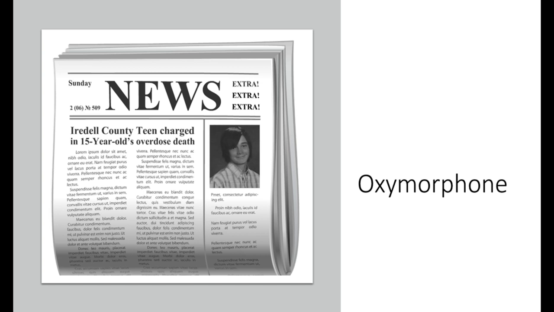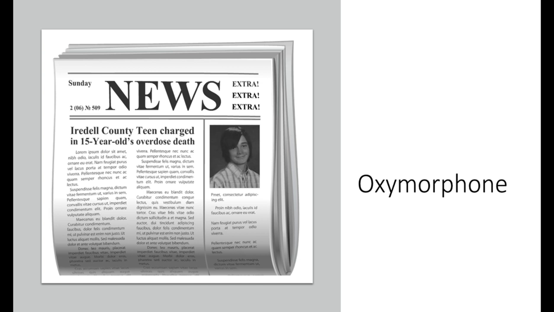So oxymorphone was a new drug that had been approved by the Food and Drug Administration for individuals with severe pain, but as usual, opioids that are new on the market become targets for abuse and diversion.